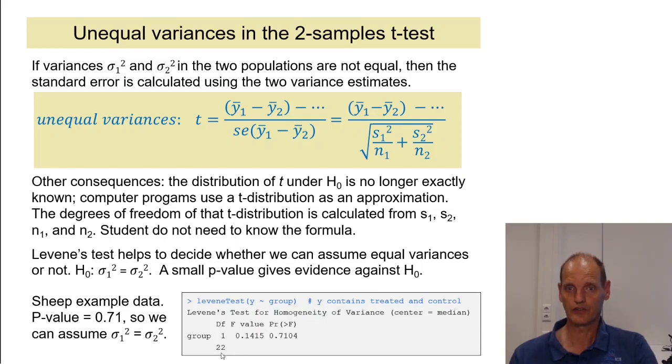We do not discuss how Levene's test comes to a value. We only look at the tail probability 0.71. This is much larger than 5%, so there is no reason to reject the null hypothesis of equal variances. The null hypothesis is sigma 1 squared is sigma 2 squared. If the p-value is very small, less than 5%, then there is clear evidence that this assumption is wrong. And in that case, we should use the unequal variances two-sample t-test.